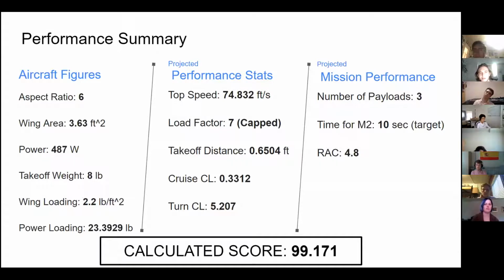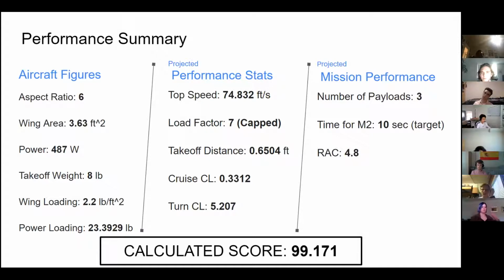So I think we took into consideration our payload of being 3 containers, about 1 pound. We also have to take into account that our battery is going to weigh a little bit, our airframe is going to weigh some, our electronics are going to weigh some. As you decrease the weight, you increase the score quite drastically.